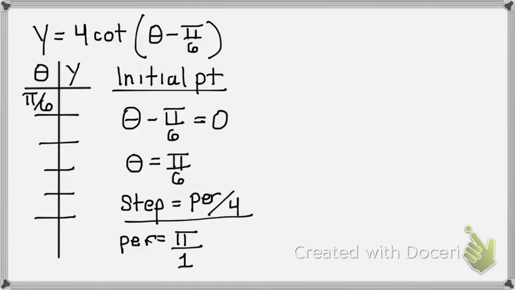So up here with this argument, the leading coefficient is 1. It's 1 theta, right? So that's what we mean by the leading coefficient. So in this case, the period is pi, and therefore our step is pi, because that's the period, divided by 4.